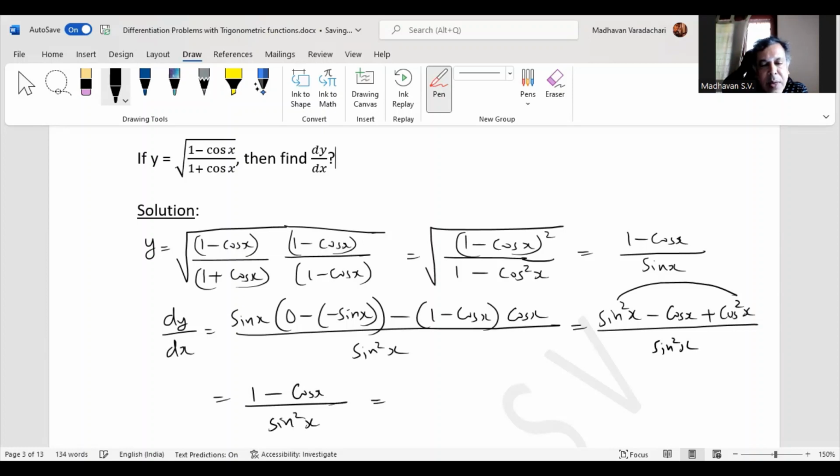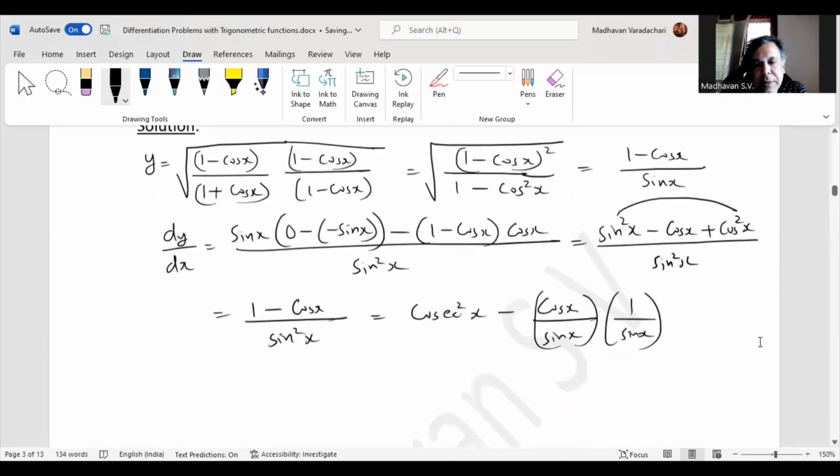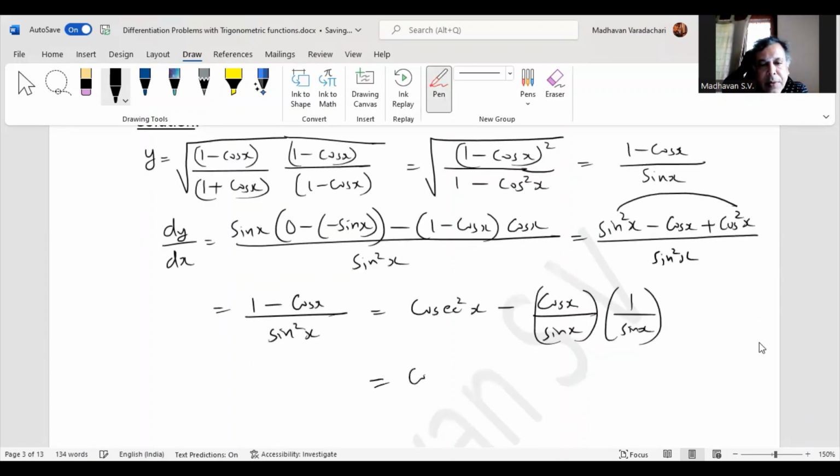So 1 by sine square x is nothing but cosecant square x, and minus we have cos x by sin x. There is one more sin x in the denominator, so again we can write it as sin x. Now this can be rewritten as cosecant square of x minus cot x into cosecant x.